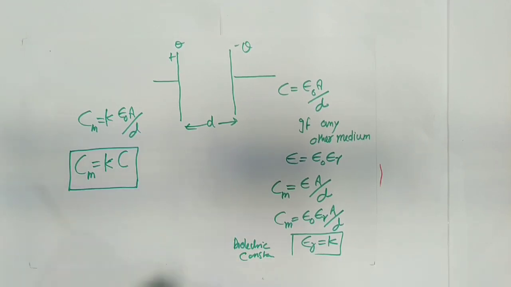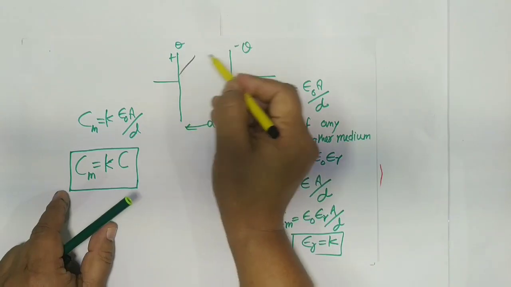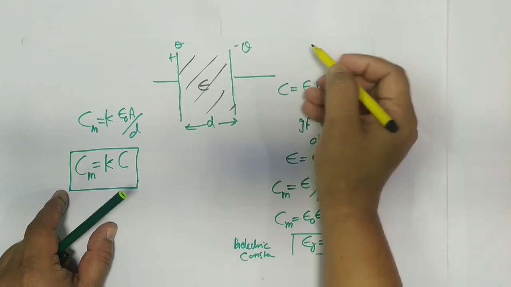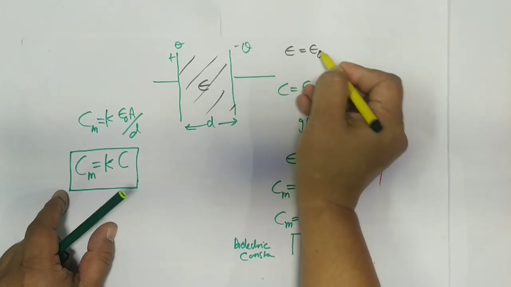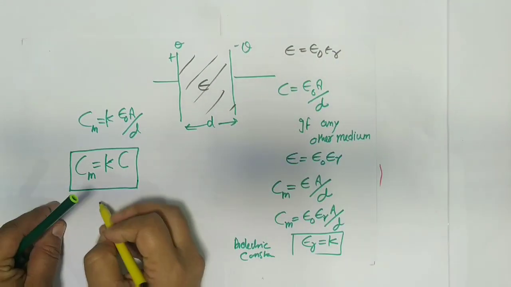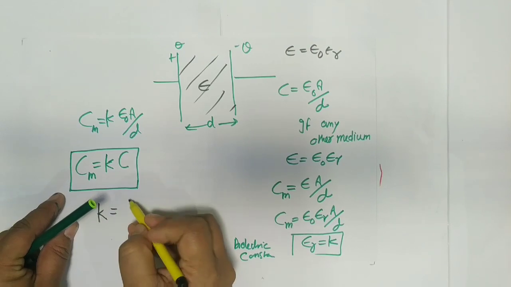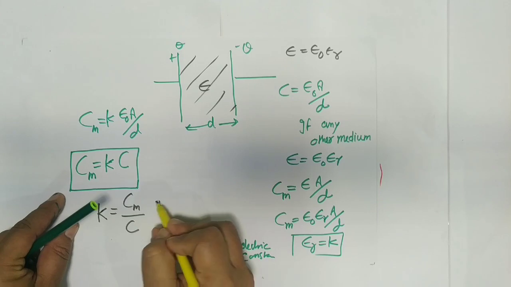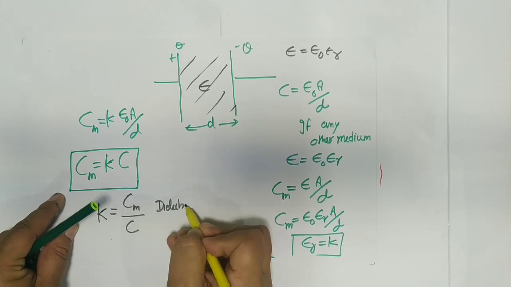If it is filled by some medium of epsilon, and we know that epsilon is epsilon naught into epsilon R, so K can also be defined as Cm by C. So this is the dielectric constant.